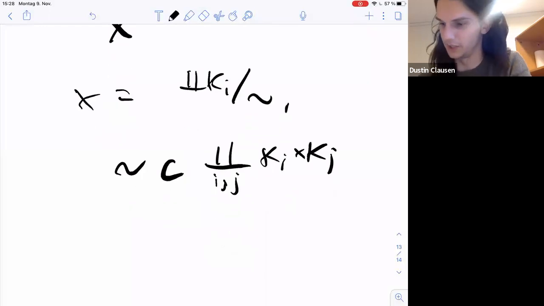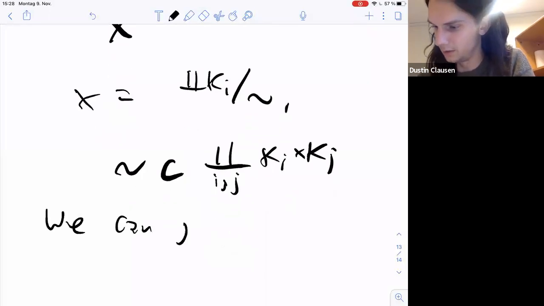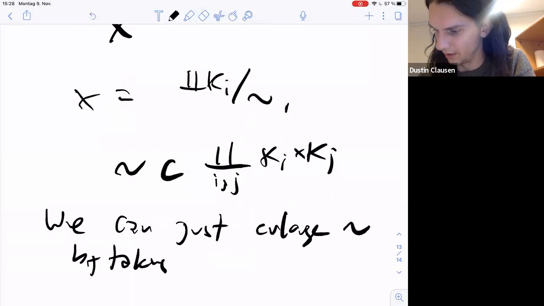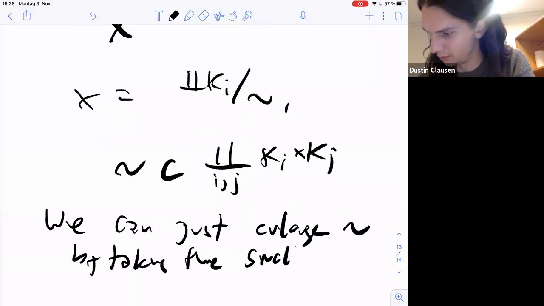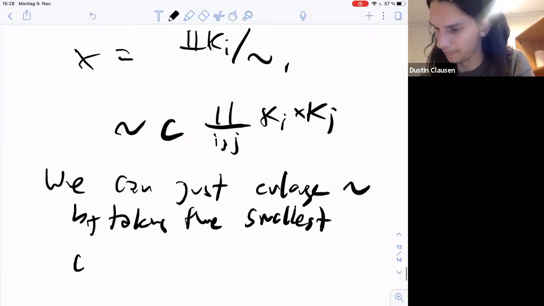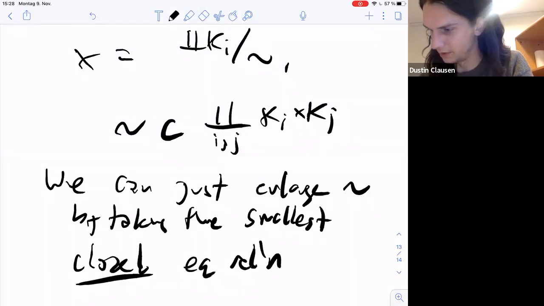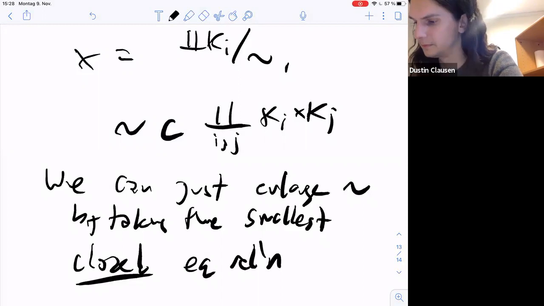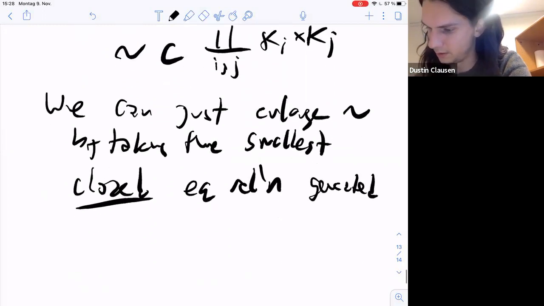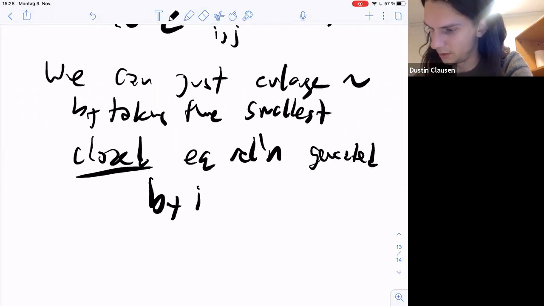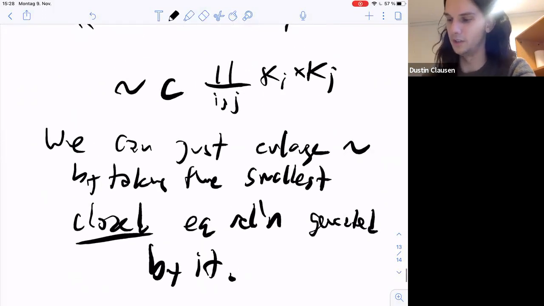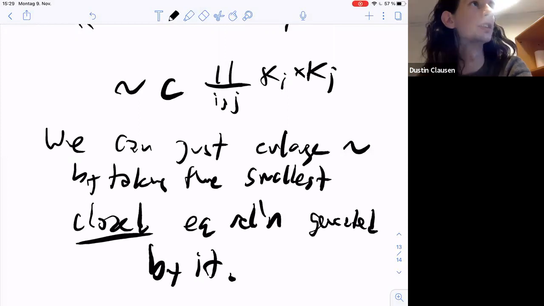And we can just enlarge it by taking the smallest closed equivalence relation generated by it, which is just going to be the closure of the... am I saying this right?